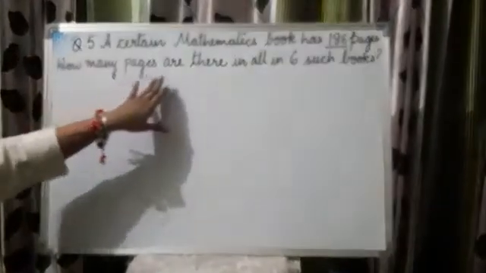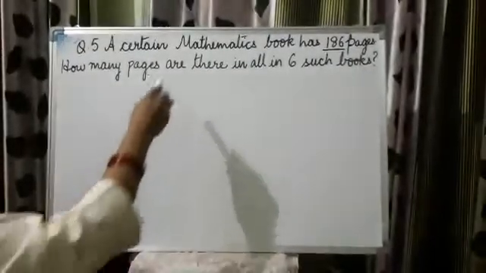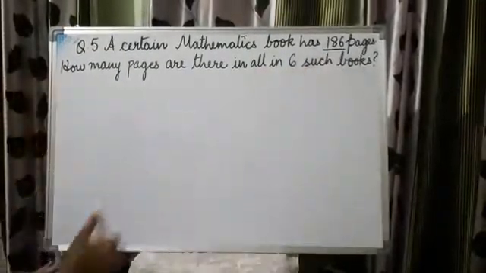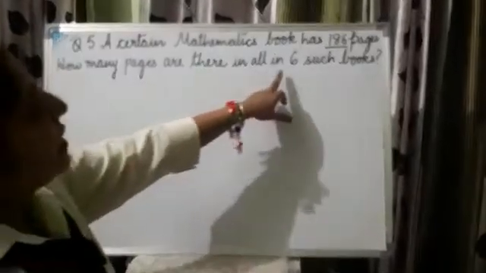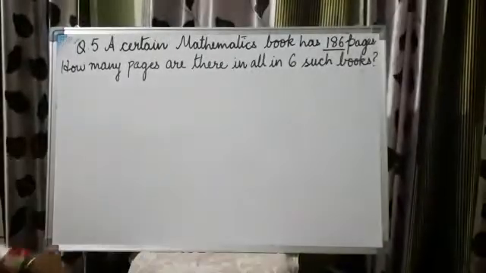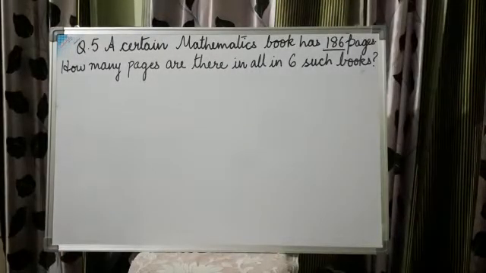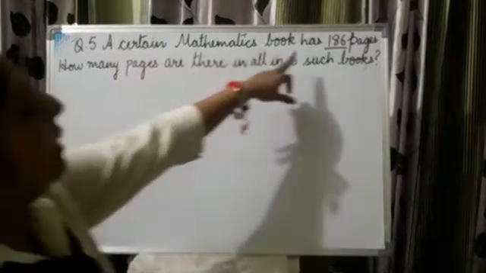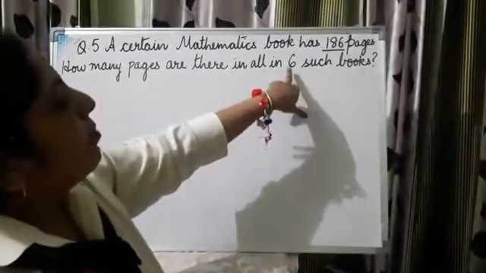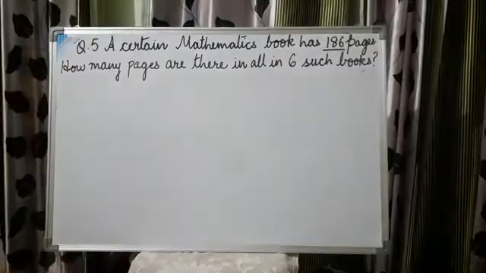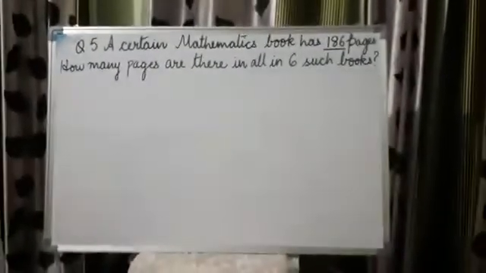This question is asking that if one book has 186 pages, then in 6 such books, how many pages will there be in total? Again, one quantity is given and for 6 books the number of pages is being asked. So we need to again multiply here.